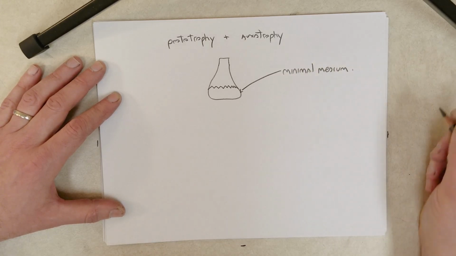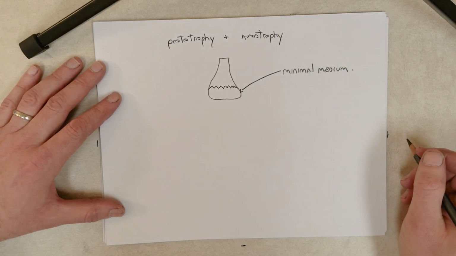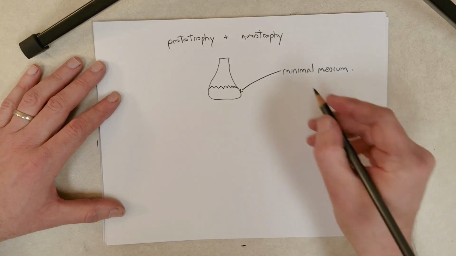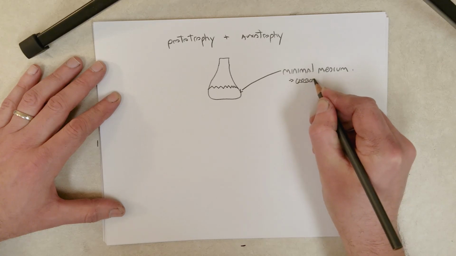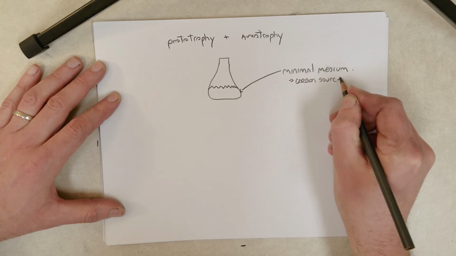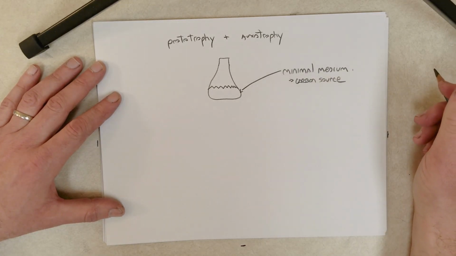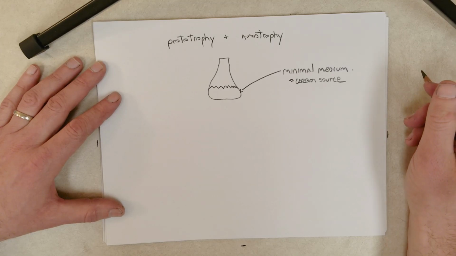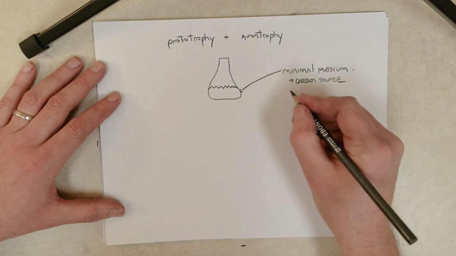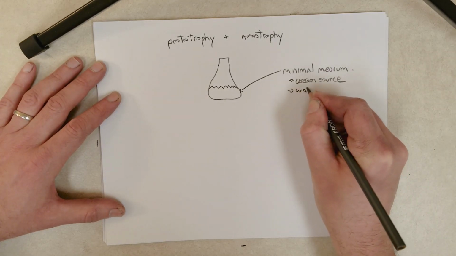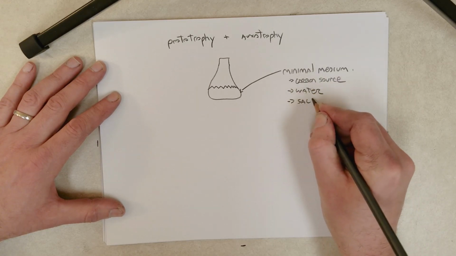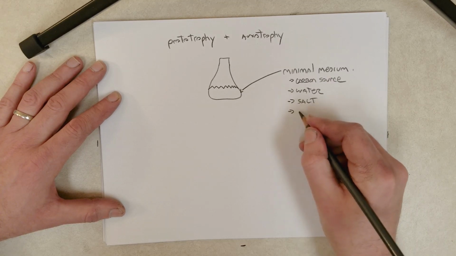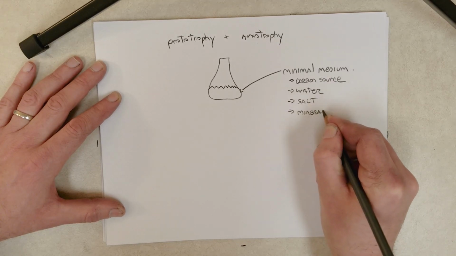It could be different types of minimal medium, but they all have one thing in common. They are made of a simple carbon source, like some sort of sugar like glucose or sucrose, just some sort of carbon source for the microorganism. They have water, they have essential salts, and essential minerals.